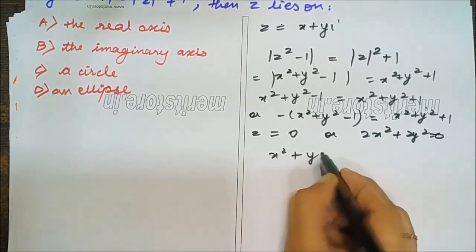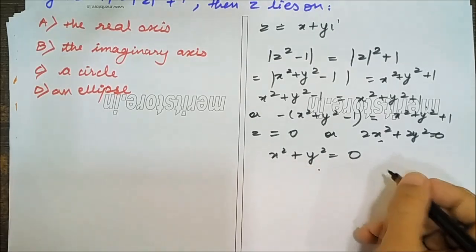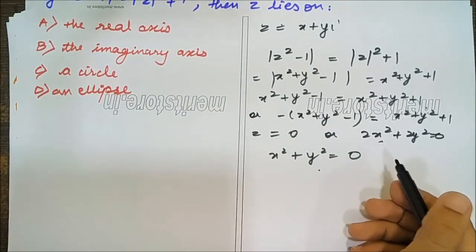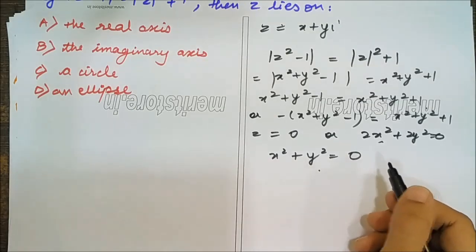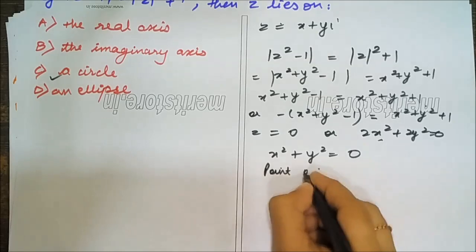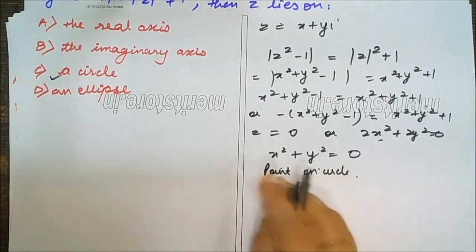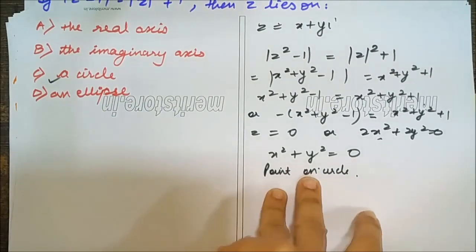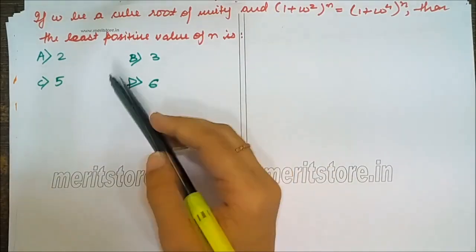X square plus y square is equal to 0. So which is a point on a circle? Which is a point on a circle, as both the coordinates, the square will be 0.